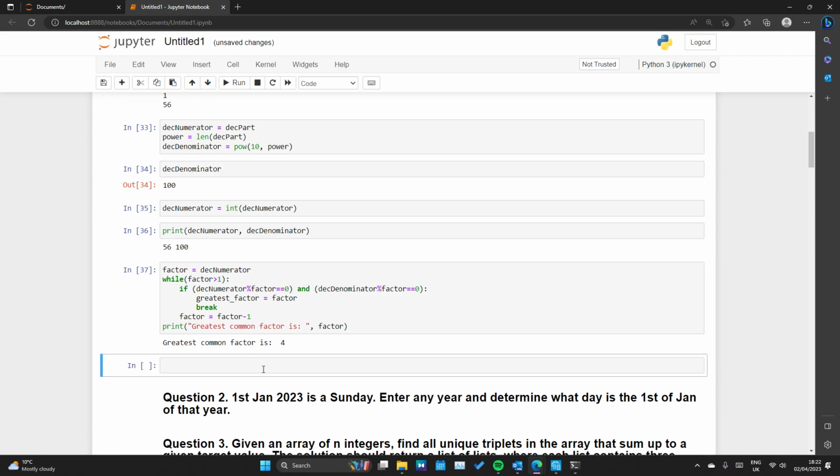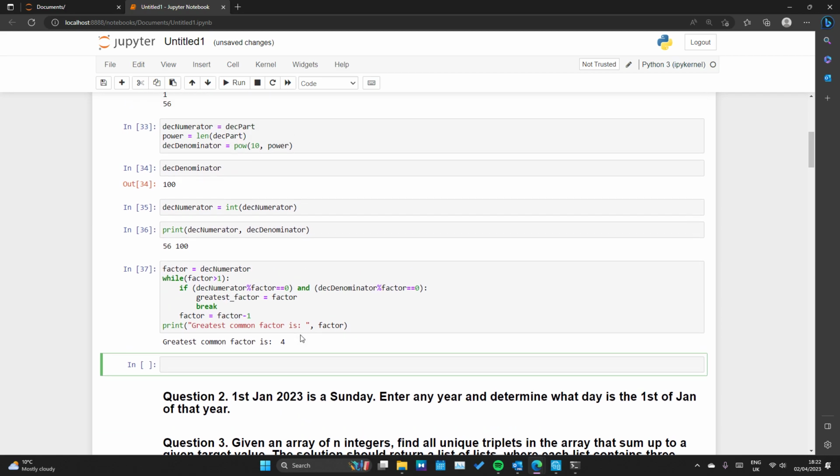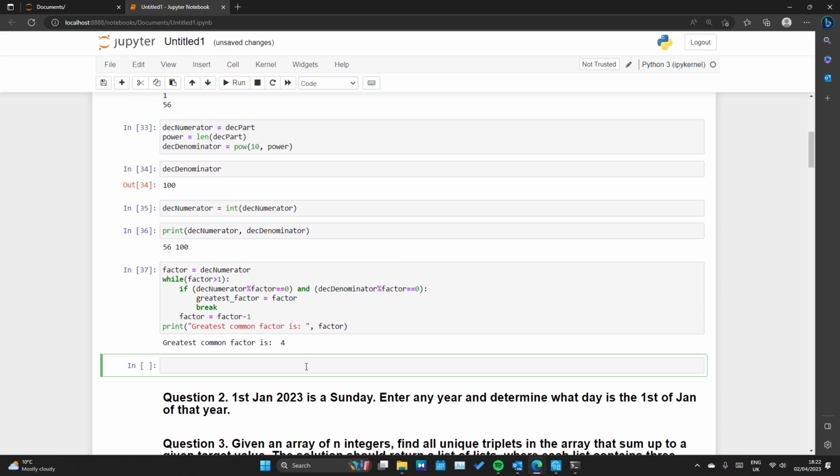Okay, so now to find out the simplest form of numerator and denominator, all we need to do is we get the numerator, and it's simply the decimal numerator divided by the greatest common factor, right?